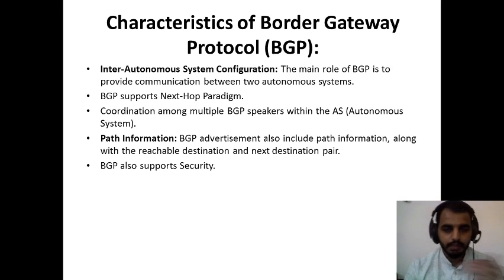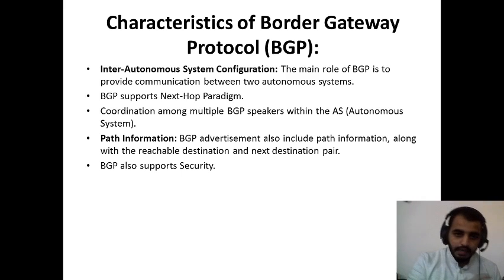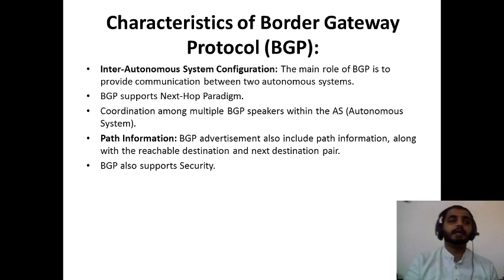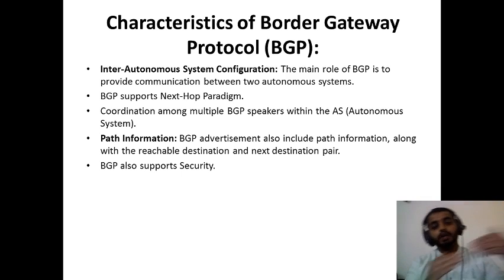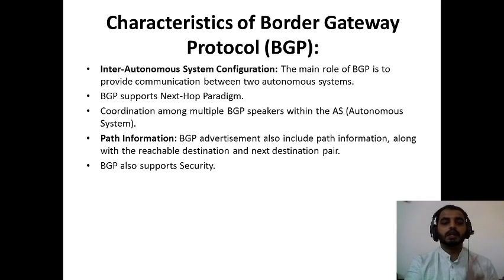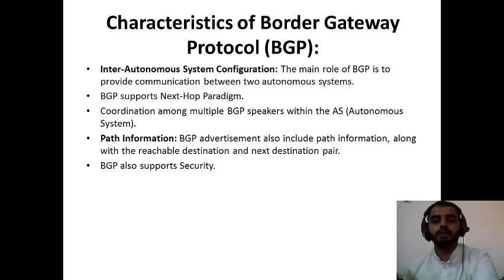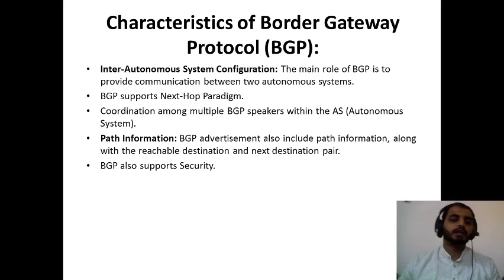The protocol will remember the path so that other network packets can be transferred to that destination, and information can be scheduled from one autonomous network to another autonomous network, from one network to another network.